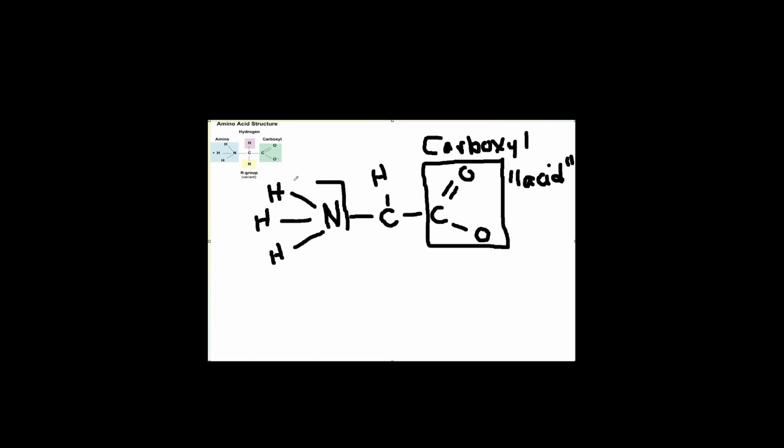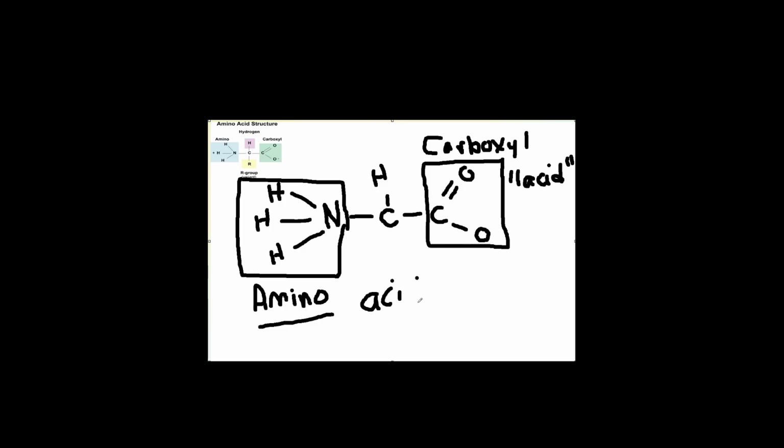So this here then becomes another functional group, sometimes called an amine or an amino functional group. So where they got the name amino acid is by naming it after these 2 functional groups. So we have an amino group, and as I mentioned, a carboxylic acid group. And so that is ultimately where the name amino acid is derived from there.